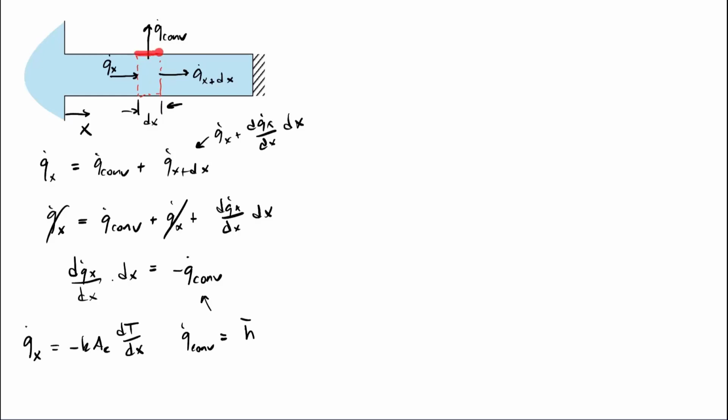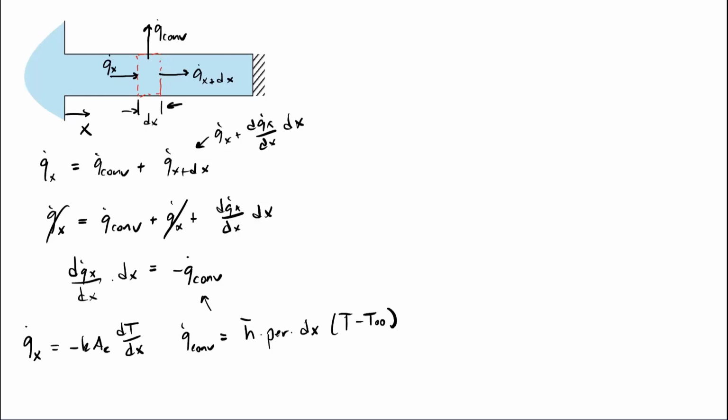Look here. So this and this. And if you had it in 3D, it might look something like this, right? So we'd be taking the perimeter of that fin times the width, which is dx. So this is now h times perimeter of the fin times dx times T minus T infinity.